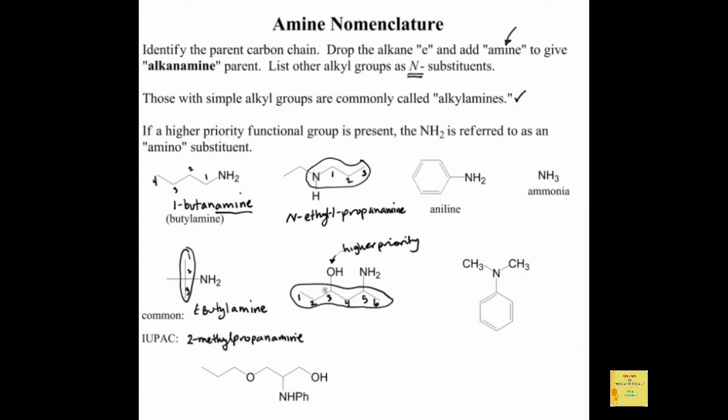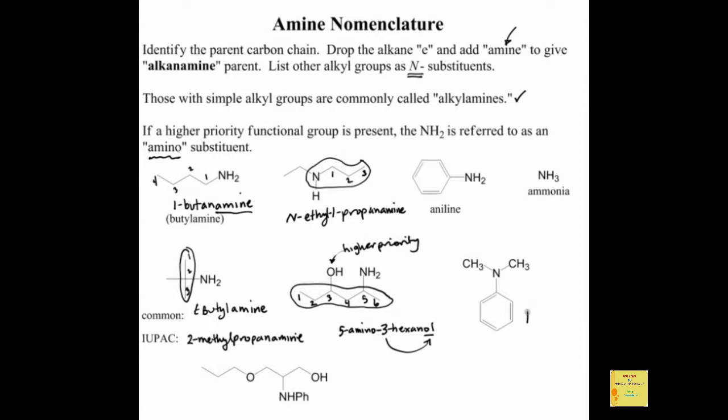So this is a 6-carbon alcohol we call hexanol. It's a 3-hexanol. So remember the -ol ending tells us there's an OH in the molecule. And now we just simply name the NH2 group as a substituent, a group hanging off, just like we have a methyl or a phenyl or a chloro. What we call an NH2 group is an amino group. So we have a 5-amino-3-hexanol, amino, just like methyl or ethyl or propyl or bromo or chloro.